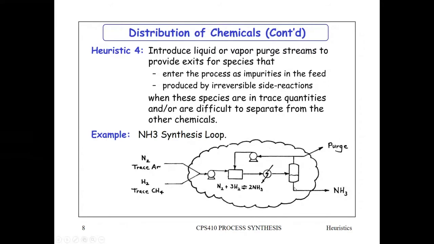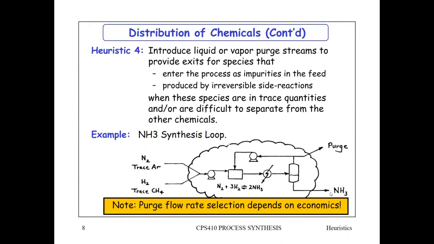Of course, argon is not going to dissolve much in the ammonia, and we saw that in the simulation. The ammonia was 99.99% pure as we took it off that loop.